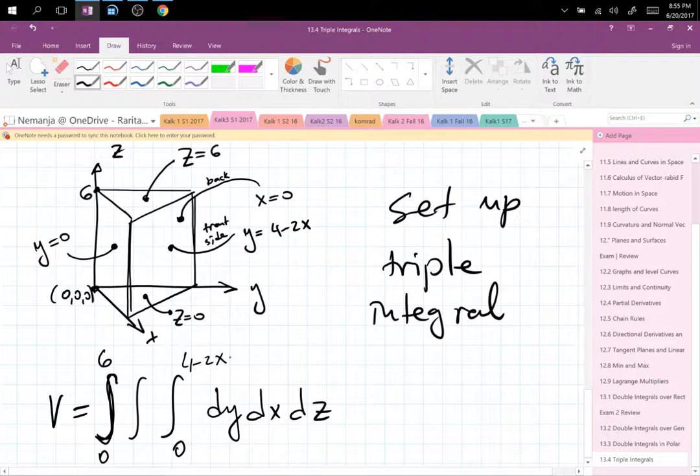And x travels from 0 to what value? 4. No, 2. Now why 2?